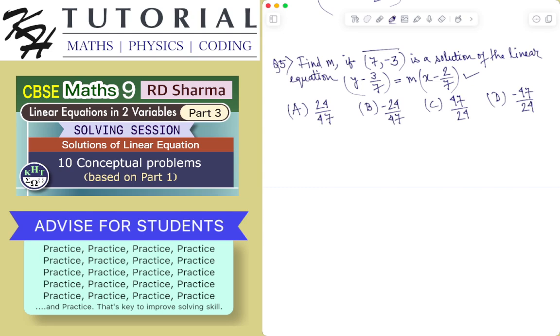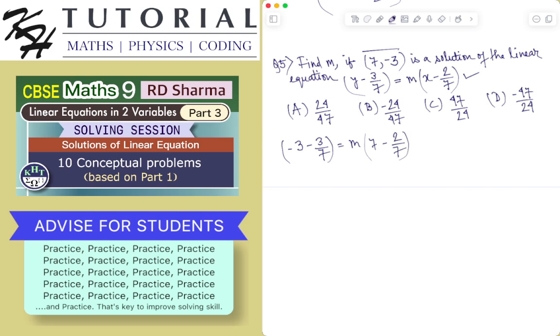That means that substituting the values of x and y from the ordered pair, the LHS and RHS should be equal for the given linear equation. So I must have (minus 3 minus 3) by 7 is equal to m into (7 minus 2) by 7. I am satisfying the ordered pair 7 comma minus 3 in the given linear equation.